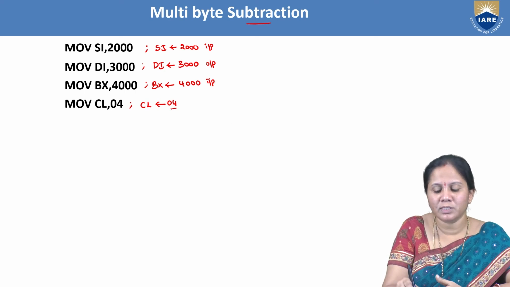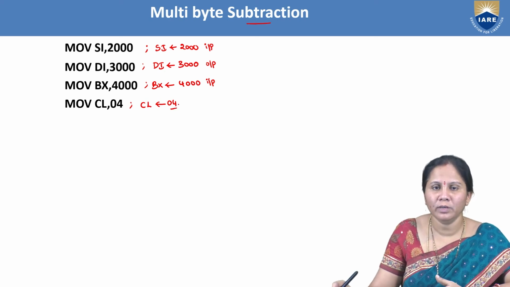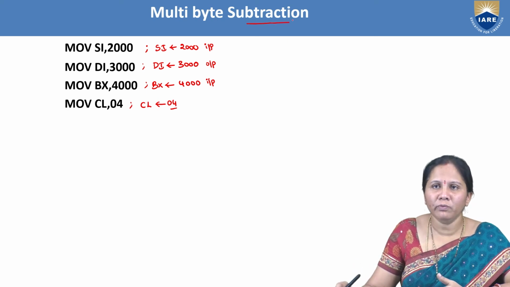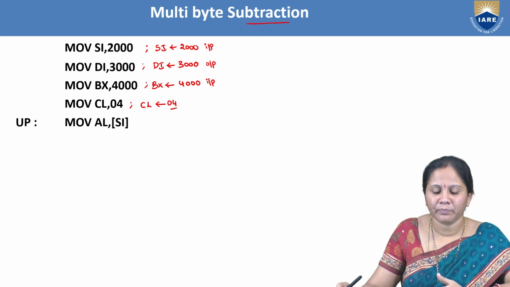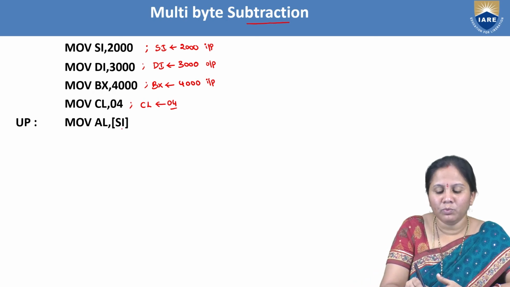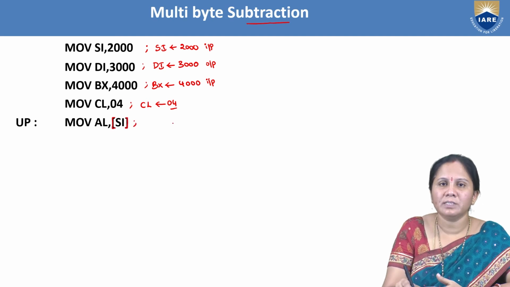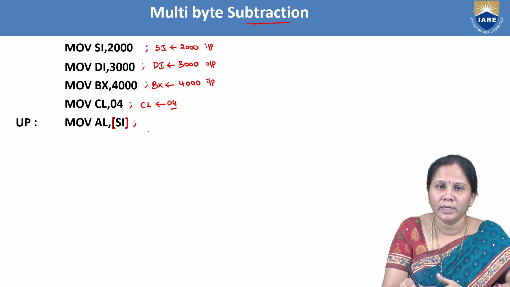So here, since the value is taken as 4, in the subtraction operation you can take 4 inputs. And MOV AL, [SI]. So here this SI register is kept in the bracket. So it represents that the content present in this SI register will be moved into AL.